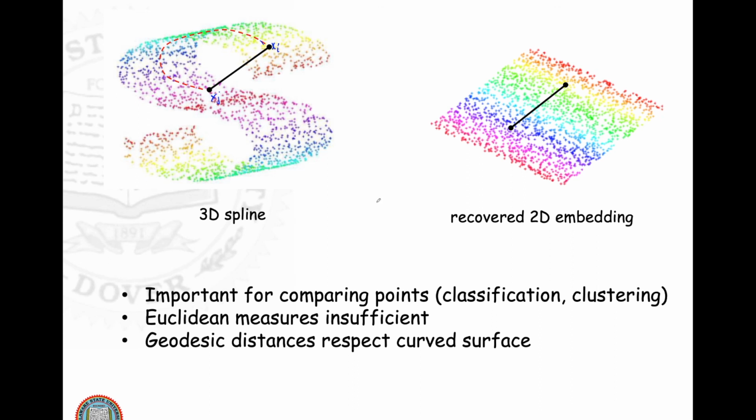And in our recovery, respecting the curved surface, if we can recover these axes along which variations occur, that's here, left to right, and along the curvature, we can lay out those axes as two dimensions, and we get a two-dimensional version of the relationship between pairs of points, respecting the curvature.